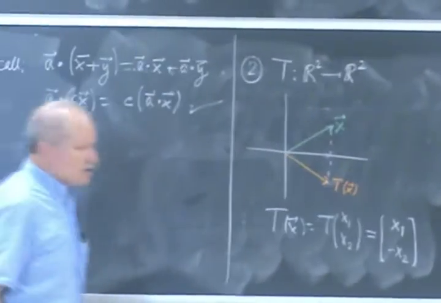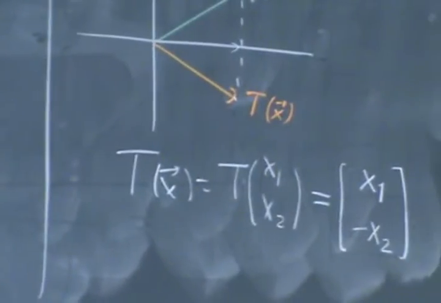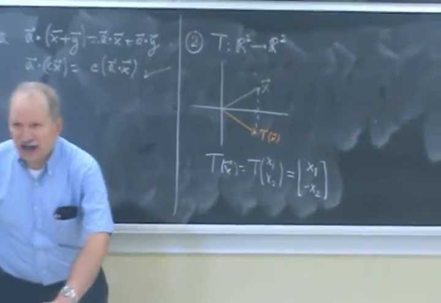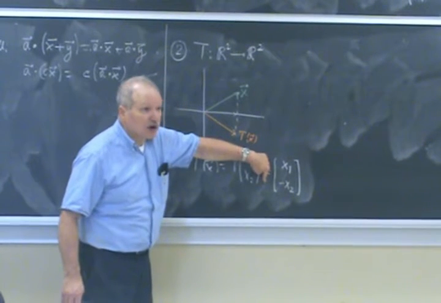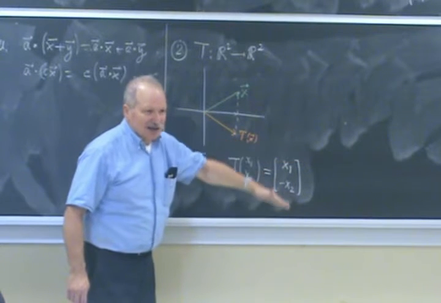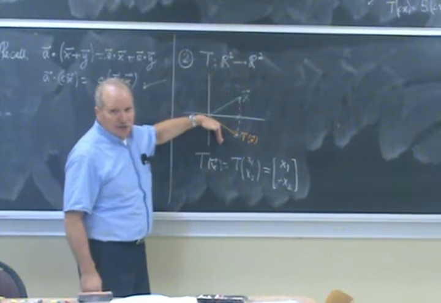Does that look linear to you? I'm not going to write it all out, but can you sort of in your head do this to x and y and do x1 plus y1, x2 plus y2? And then you'll see that it does in fact work. So reflection is an example of linear math.